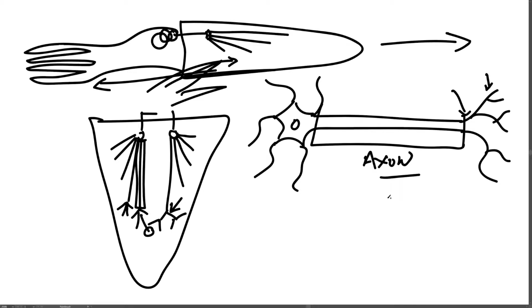And interestingly enough, in squid, this axon is about 1 millimeter in diameter, which is really large, 1 millimeter. Ours are about 1 micrometer in our brain, which is about the thickness of a human hair. So 1/1000th the size of the squid axon.